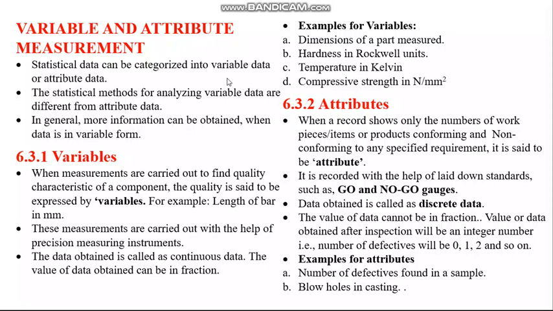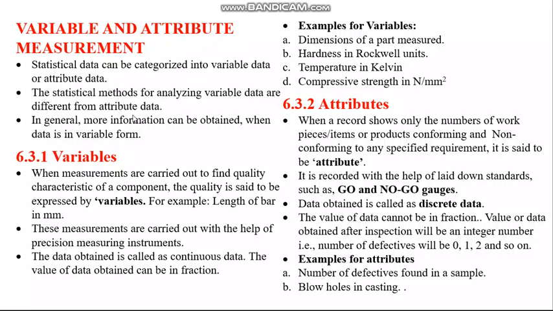Statistical data can be categorized into variable data and attribute data. Statistical data can be grouped under two heads: one is variable data, the other is attribute data. We will see in detail what these two things are.